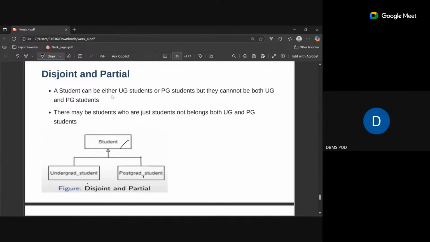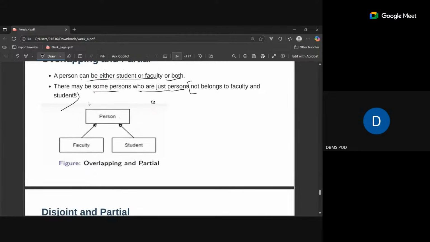That is what it's saying. He can be either a UG student or PG student, but he cannot be both UG and PG students. And also there could be some students who are just students, not UG or PG. They may not lie in this category, but they are students of PhD, MS scholars. But here in this case, a person could be a faculty also, a person could be a student also.